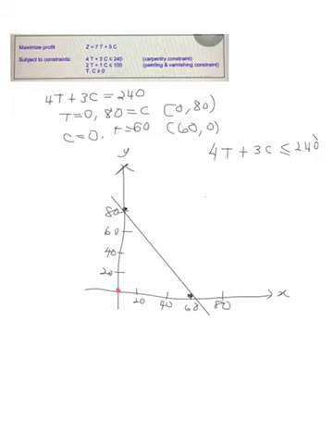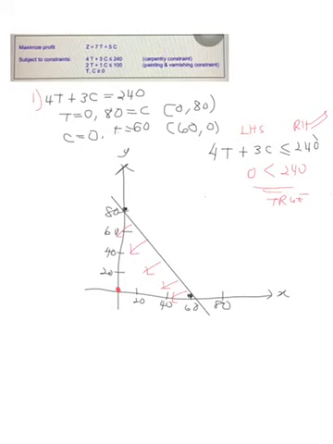Put t equals 0, c equals 0, so the left hand side is 0 and the right hand side is 240. Is 0 less than 240? Of course it is, so the statement is true. So we can say that the region belongs to the area below the line. This is the region. So that settles the first constraint.